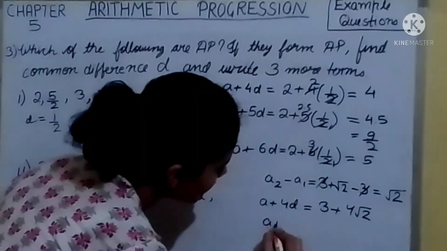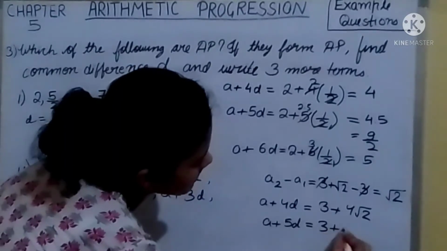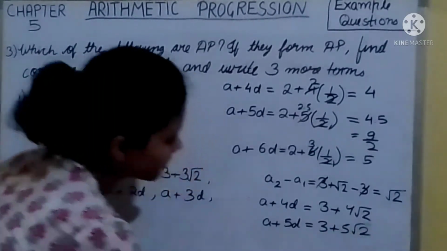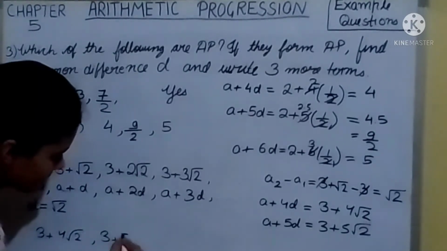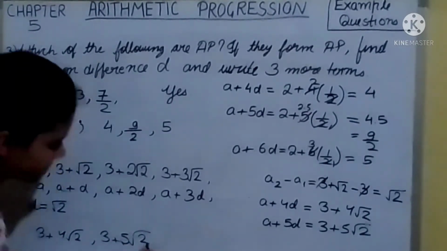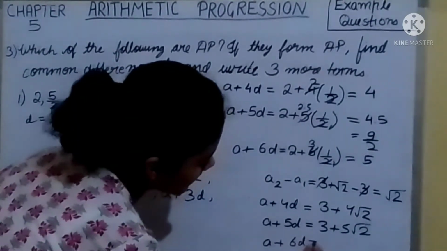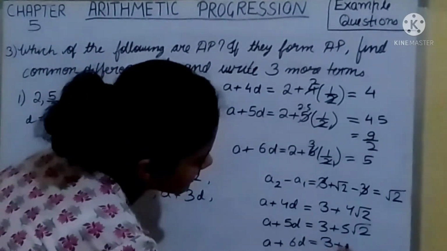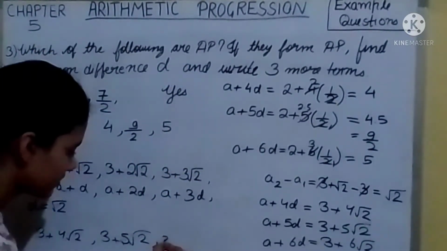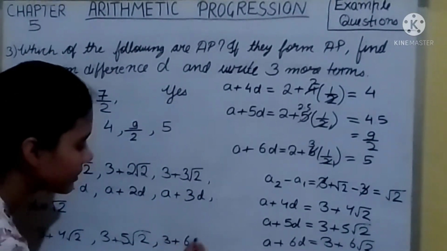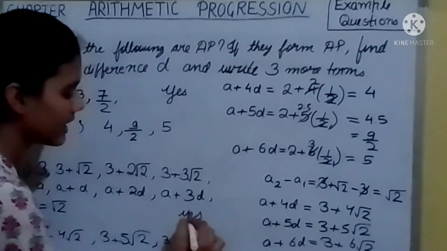Then the next term will be a plus 5d is equals to 3 plus 5 root 2. Then the next is a plus 6d is equals to 3 plus 6 root 2. And yes, this is an AP. Okay, this is an AP.